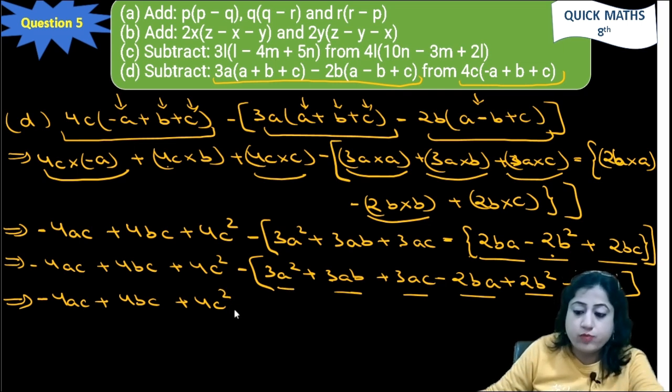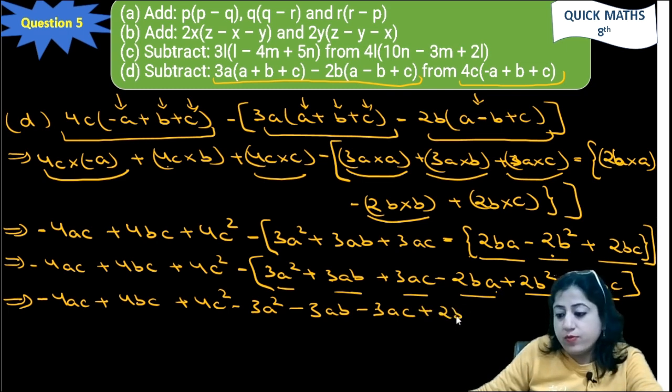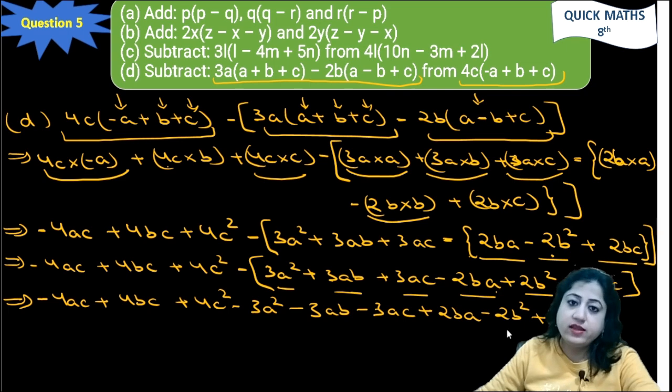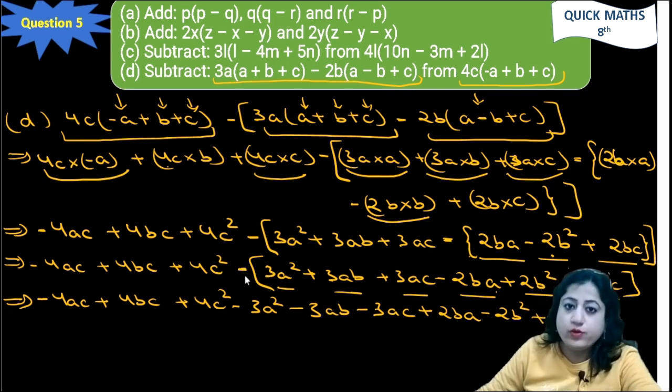Now 3a square is positive, it will be negative. 3ab is positive, it will be negative. 3ac is positive, it will be negative. 2ba is negative, it will become positive. 2b square is positive, it will become negative. 2bc is negative, it will become positive. How can we apply this? Because plus minus is minus. Minus is outside, so it will change the sign of each and every term within the bracket.